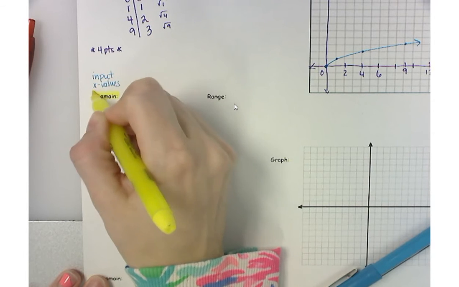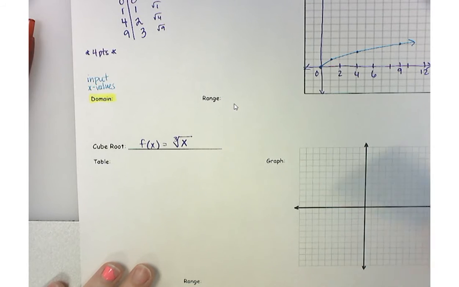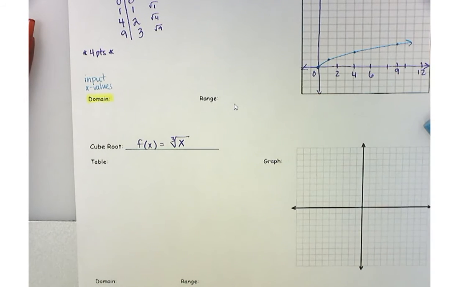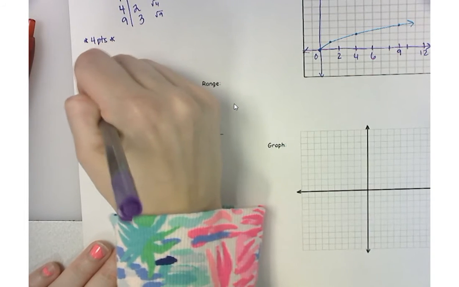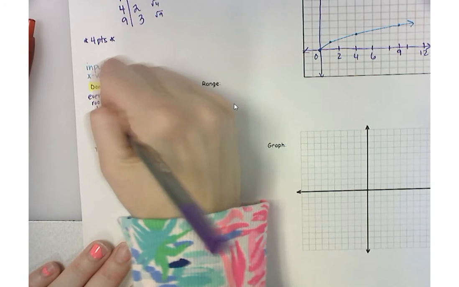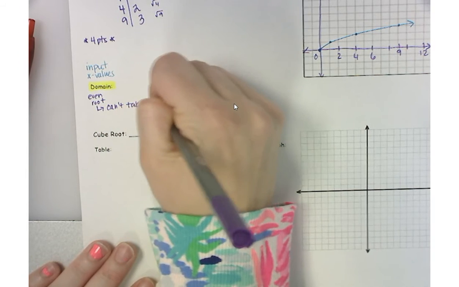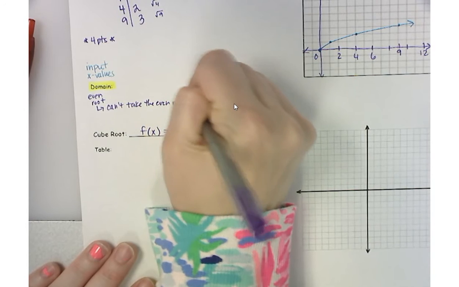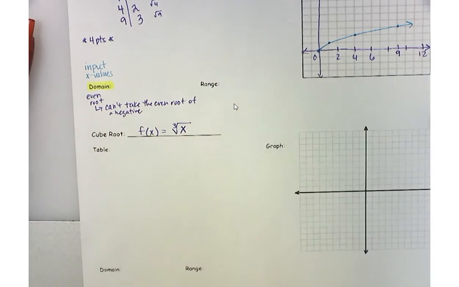Even roots. If you have an even root, you can't take the even root of a negative number. So when we had to find the domain, we took the radicand and set it greater than or equal to 0.